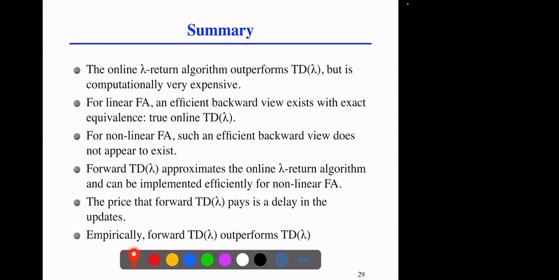But when you're doing a multi-step update target, because you're using a sequence of samples generated by an old policy, that old policy still has an effect on how that multi-step update target looks.